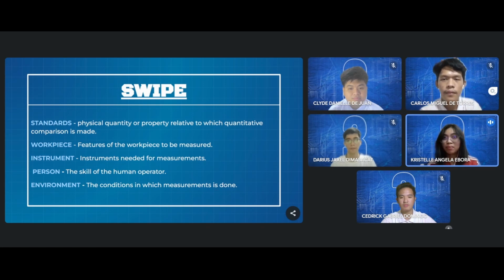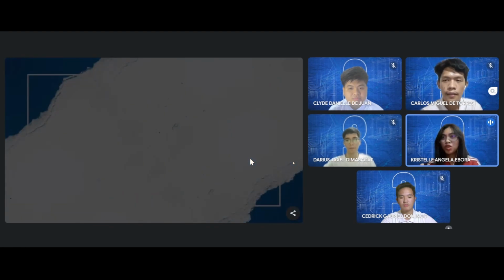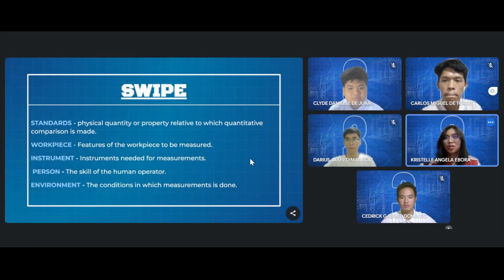Second is the workpiece, which is the part or feature of the workpiece that needs to be measured. Next is the person. This relates to the ability of the person who is measuring. And lastly is environment, which points out the conditions where the measurement is done.